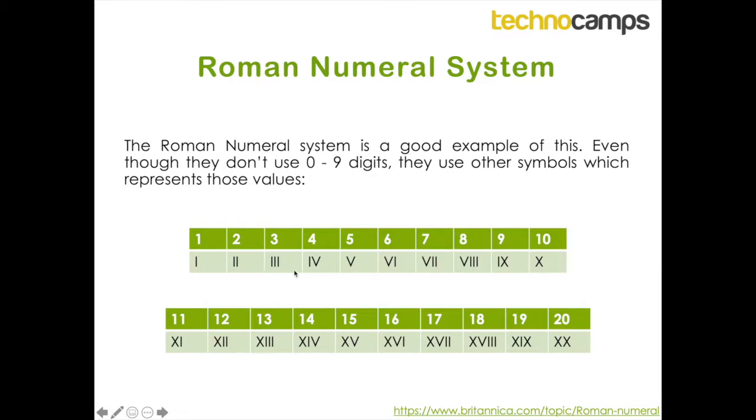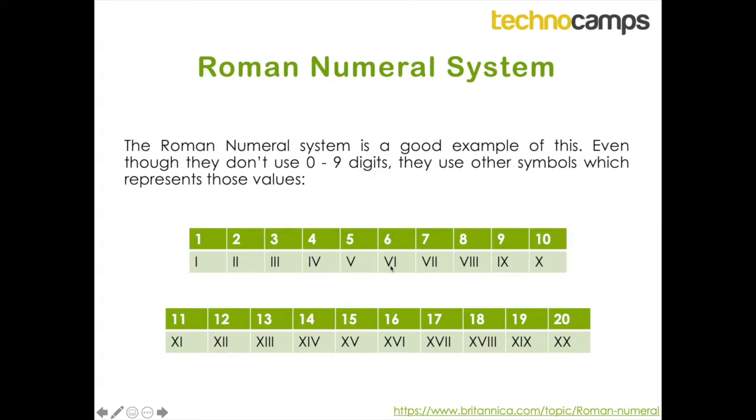So as you can see, there is a pattern. In the beginning, the lines are on the left side. Then when it hits any number before and after multiples of 5, the symbols will be changed. If it's before 5, the lines will be on the left.